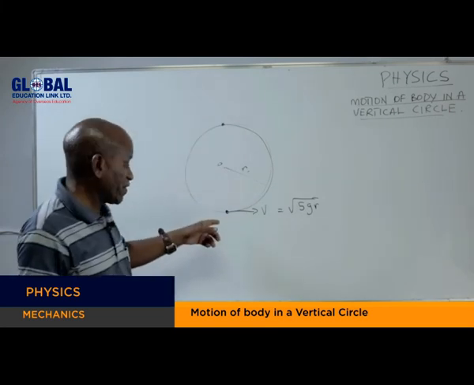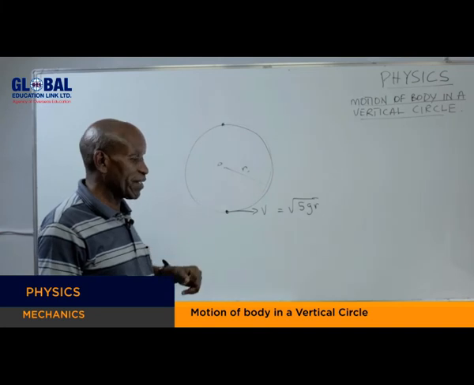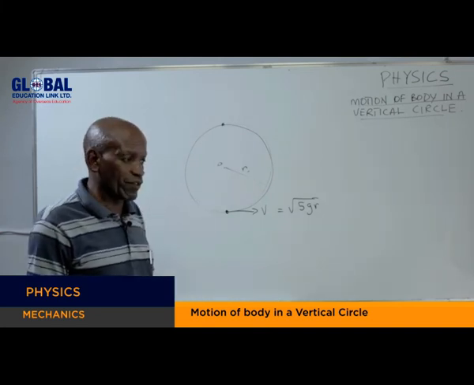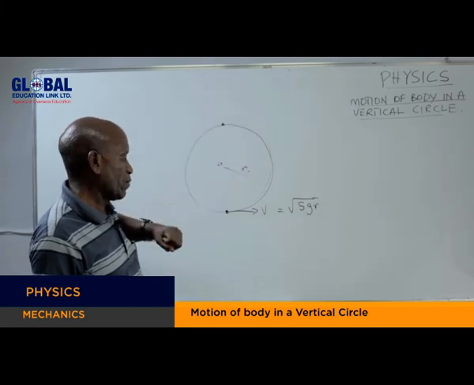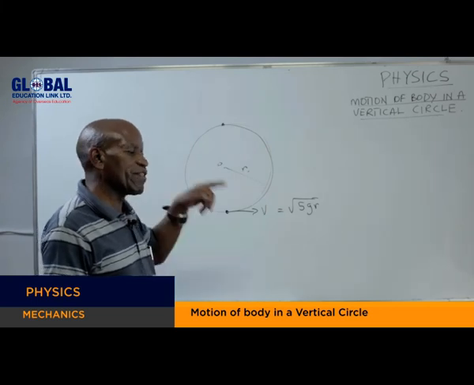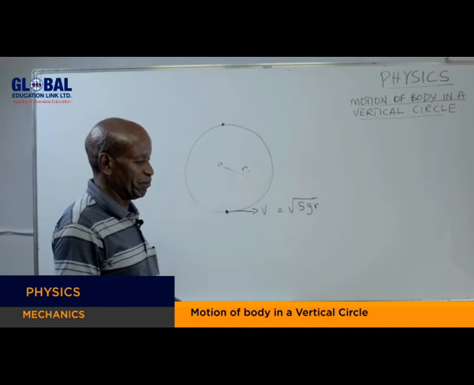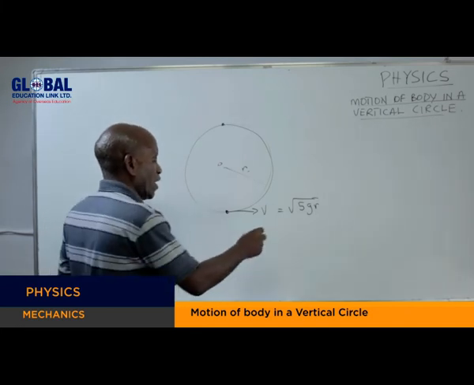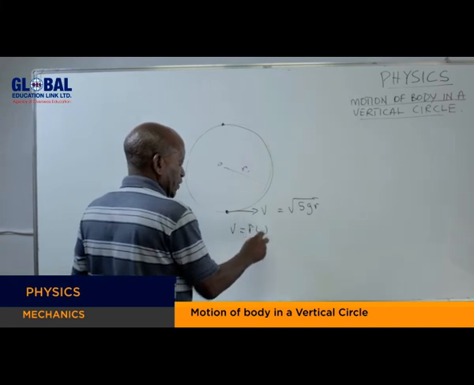As long as this v is the minimum velocity whenever the bucket is passing at the bottom, it is the one I'm going to use rather than the one at the top. Why? Because this is the minimum velocity at which this bucket will be able to pass at the bottom. So upon using this, you know that v is equal to r omega.